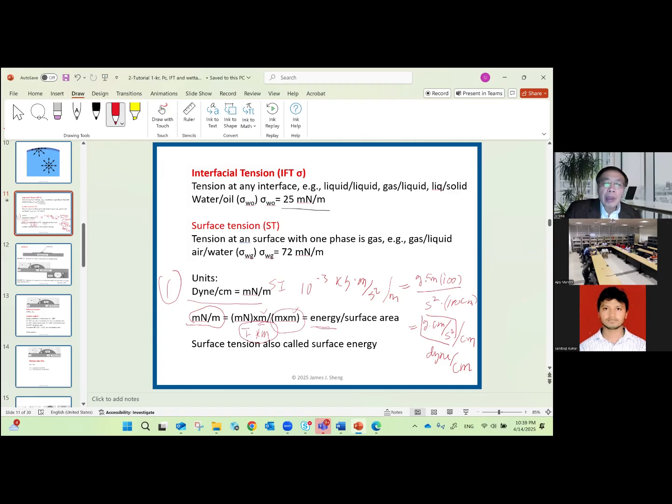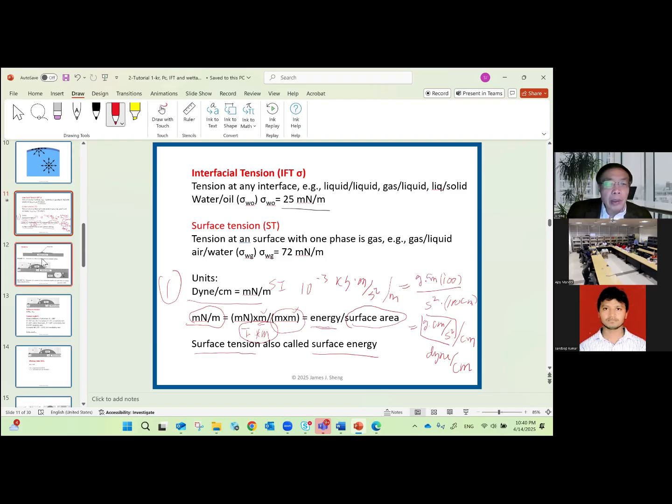In the denominator we have meter squared, which is surface area. So you can see this interfacial tension unit is actually an energy unit. Therefore, sometimes we call surface tension surface energy. So that is interfacial tension.